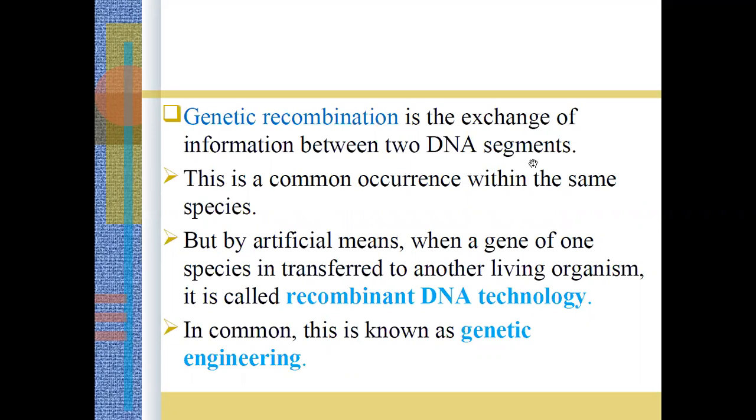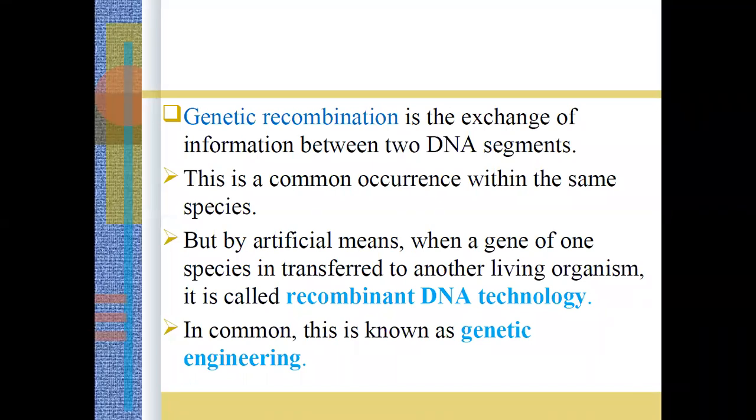When we are dealing with nucleic acids, there is an exchange of information in the form of DNA segments, meaning one DNA segment taken from one organism has to be incorporated into the DNA of another organism. So there is the generation of a recombinant, and because the phenomenon involves deoxyribonucleic acid, this is called genetic recombination.